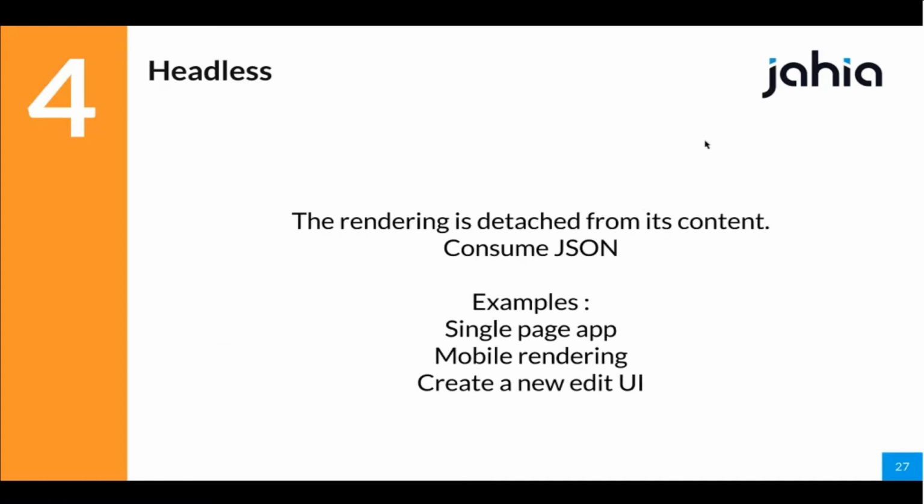Most applications will consume JSON, except for single page applications, mobile rendering, or a new edit UI, for example. That's what we do in Form Factory or Marketing Factory, where all the UI is consuming JSON sent by Jahia directly, using frameworks like AngularJS and things like that.